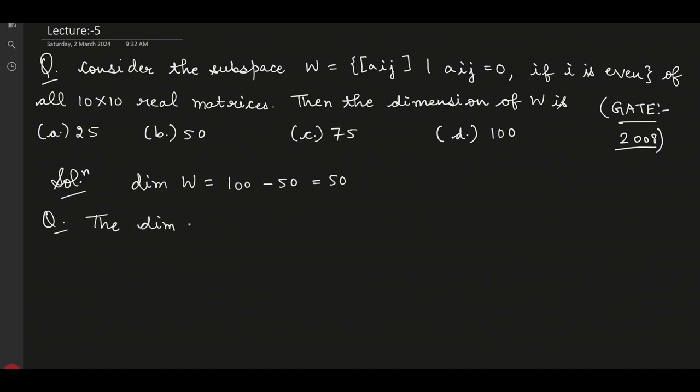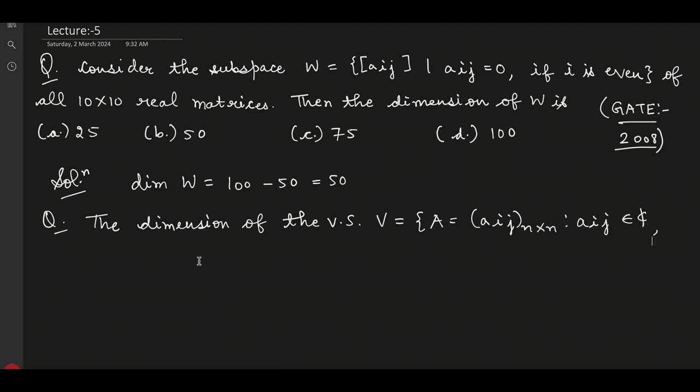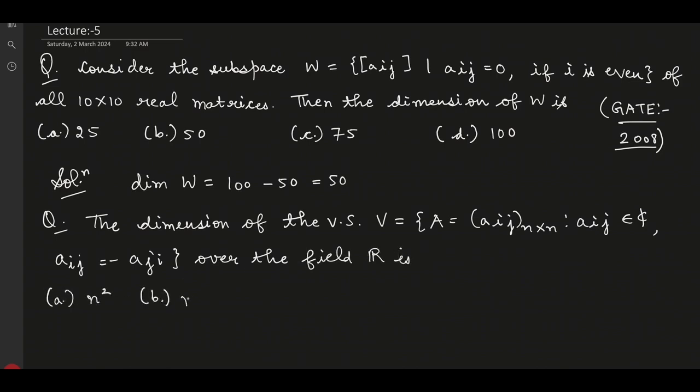The dimension of the vector space V equals A equal to A_ij, n cross n, such that A_ij belongs to complex numbers, A_ij equals minus A_ji, over the field R is: option A n square, option B n square minus 1, option C n square minus n, and option D n square by 2.